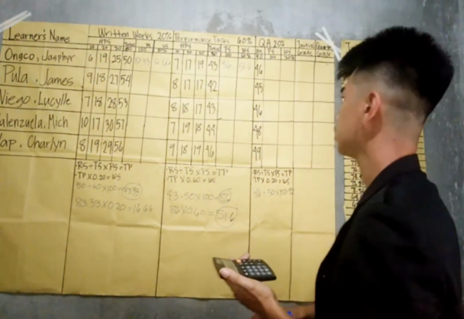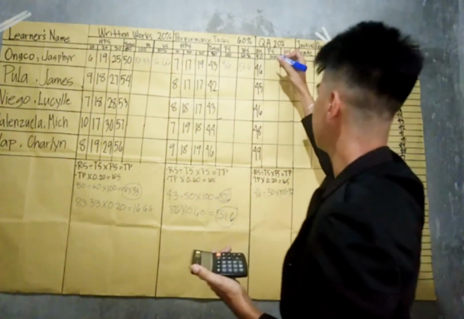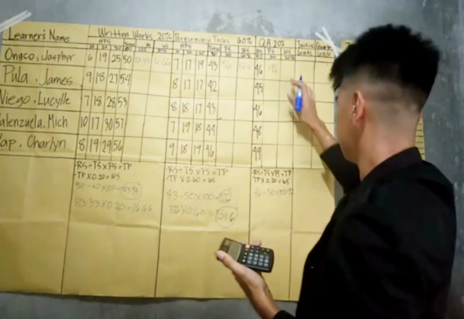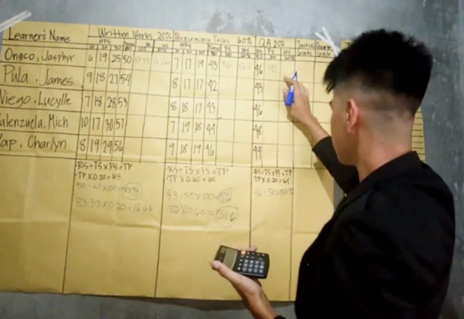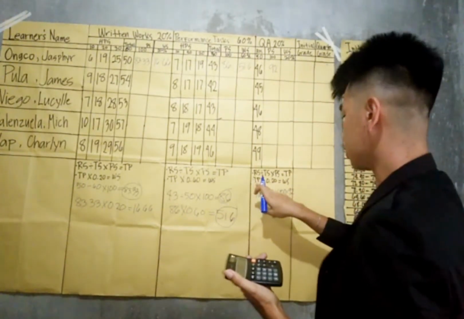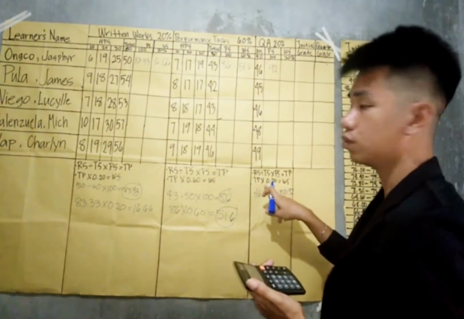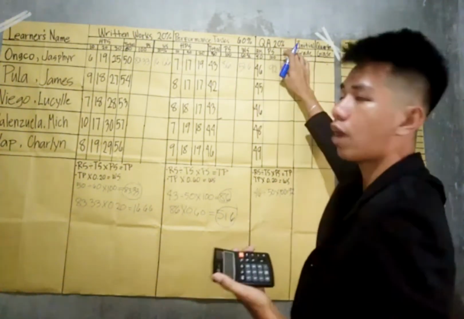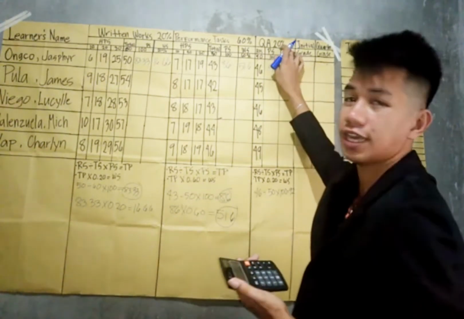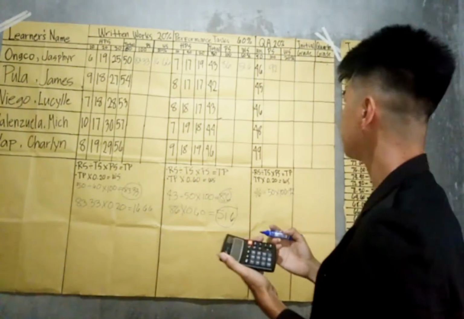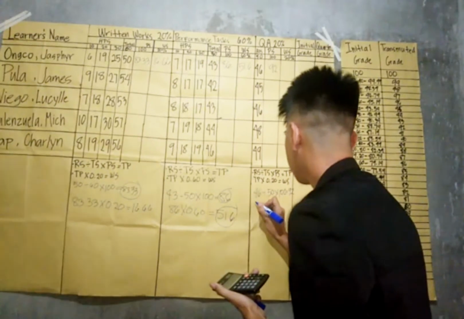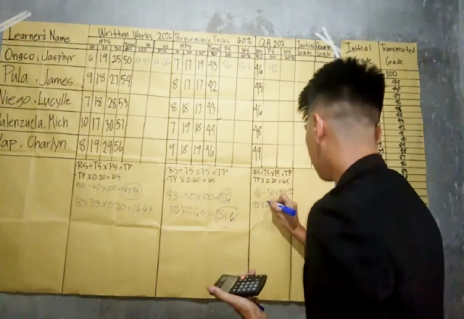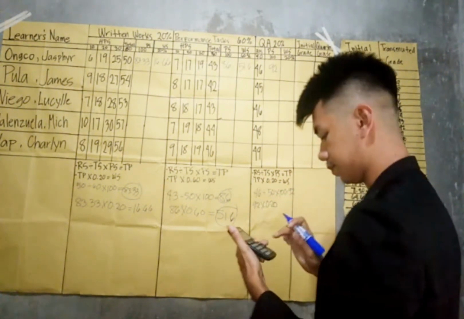So now the percentage score of Mr. Ungko is 92. So we will get the weighted score. In order to get the weighted score, the total percentage score will be multiplied by 0.20. 0.20 is here, the 20%, because in quarterly assessment, we have only 20%. Okay, so the total percentage score is 92, multiplied by 0.20.